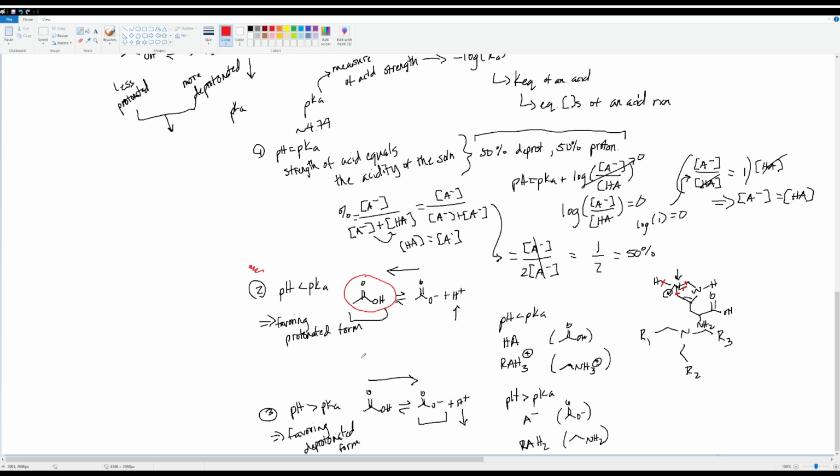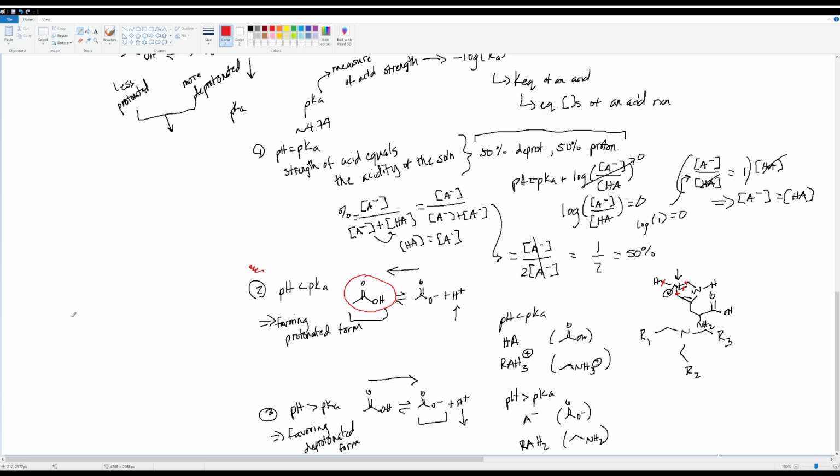At a pH below the pKa, it's protonated. Yeah, when they're saying base, they're referring to the amine. At a pH below the pKa, which form of the base will be more common? That's so weird. I don't know why they structured it like that.